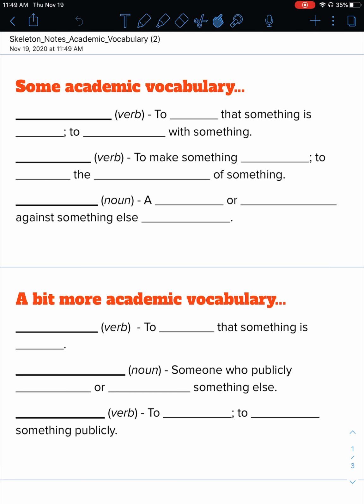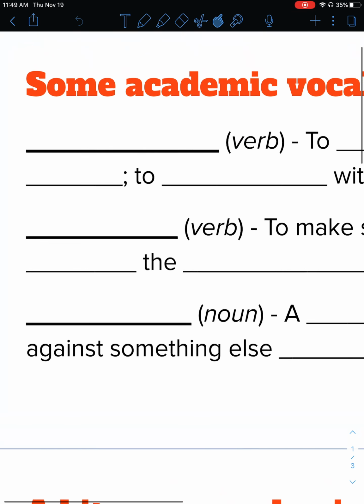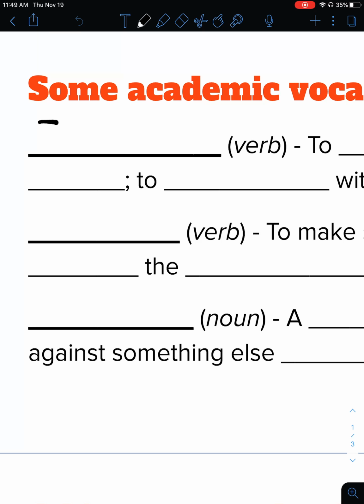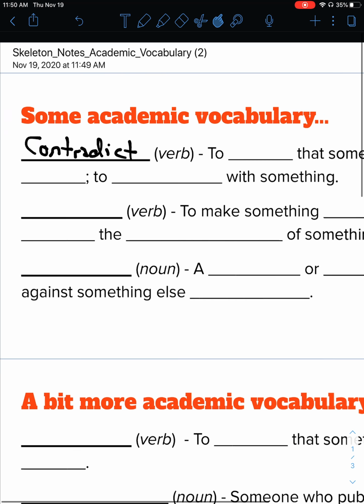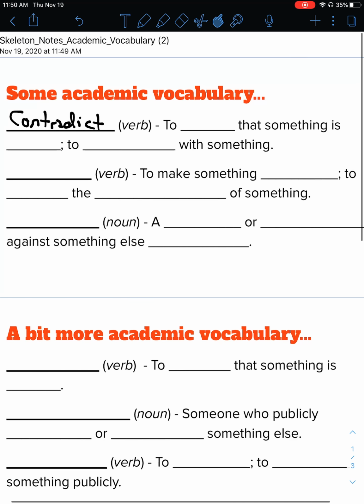So our first term to talk about is the word contradict. If you haven't noticed yet, this unit this quarter is going to talk a lot about argumentation and the art of argument.